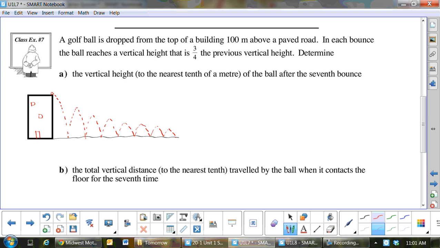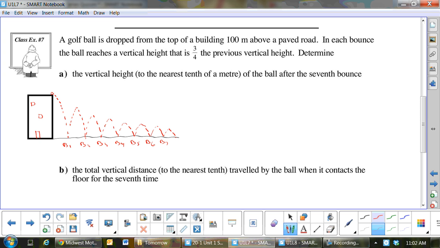This would be like bounce 1, bounce 2, bounce 3, bounce 4, bounce 5, bounce 6, bounce 7.